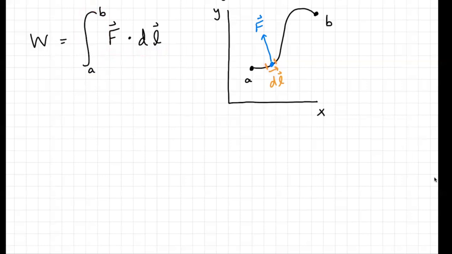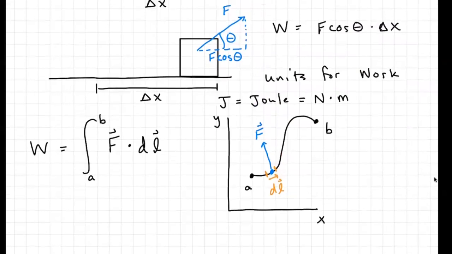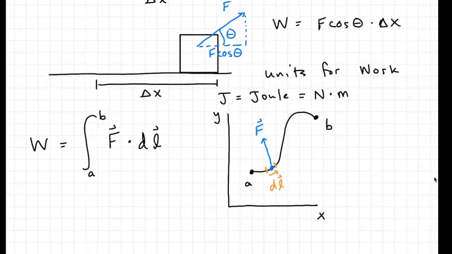If we go back to our last example, you might recognize something that looks like the dot product. If you take a dot product of two vectors, one way to write down the dot product is the magnitude of the first vector times the magnitude of the second vector times the cosine of the angle between them. You'll notice that this has that form.